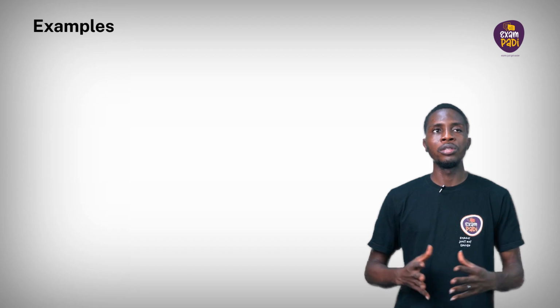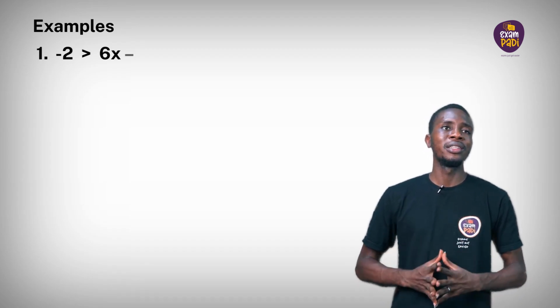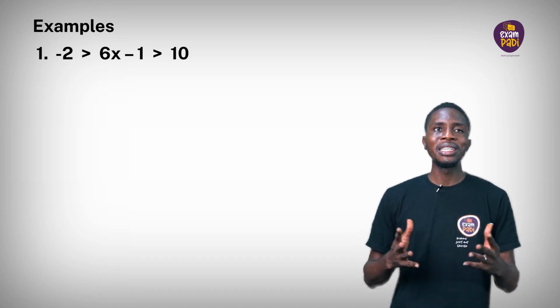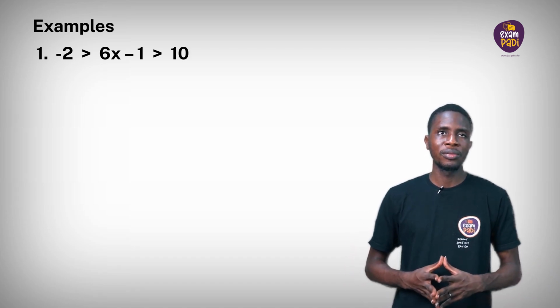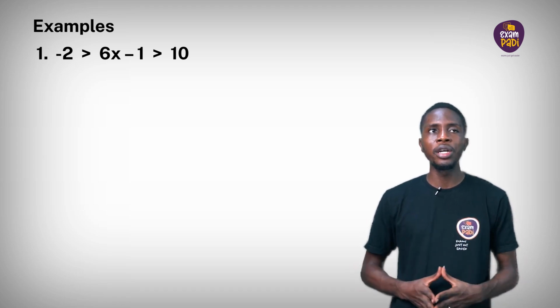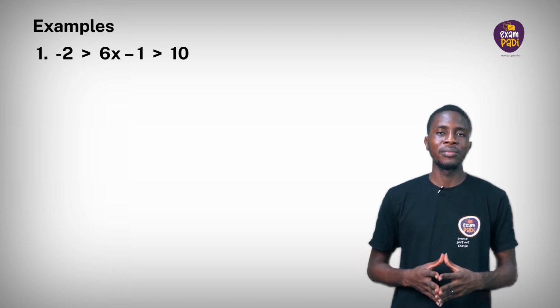Let's explore more examples. 1. Minus 2 greater than 6x minus 1 greater than 10. The strategy for solving this inequality is similar to other examples, except in this case, you are trying to isolate the variable in the middle rather than on one side or the other side.